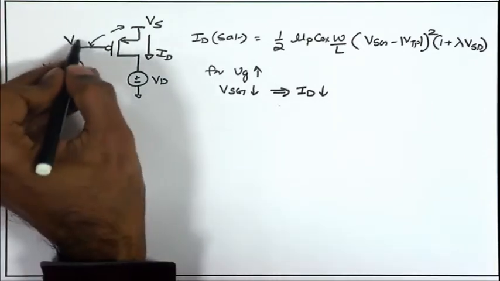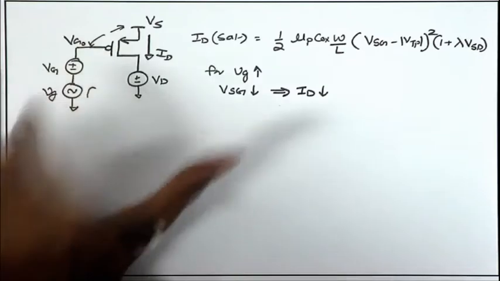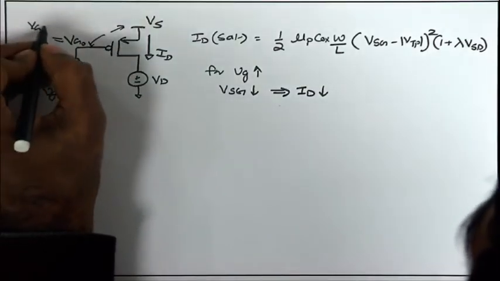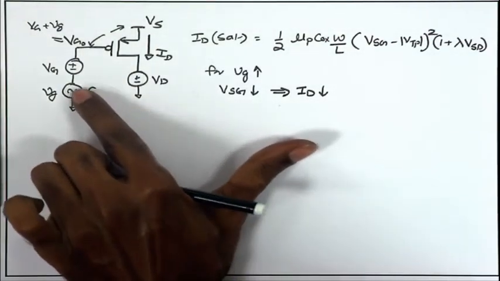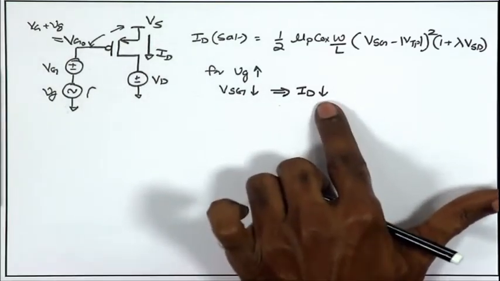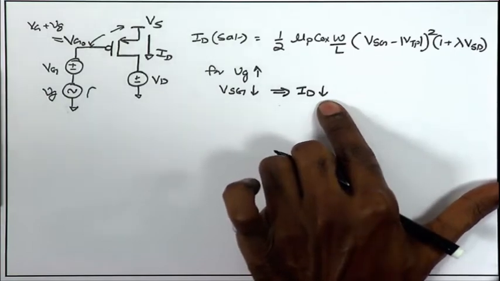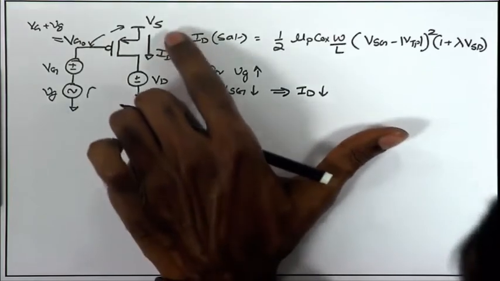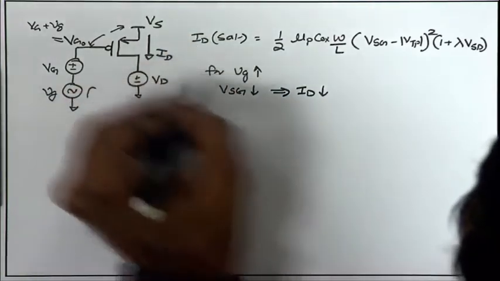This is a Vg, absolute Vg is Vg naught, which is a combination of Vg plus small vg. So, if I am increasing the small signal, making it positive, the Vsg reduces, Id reduces, that is the DC current which is reducing. If I model my small signal current as the current flowing from drain to source, what can I say about that current? So, this Id is definitely reduced to Id minus delta Id.